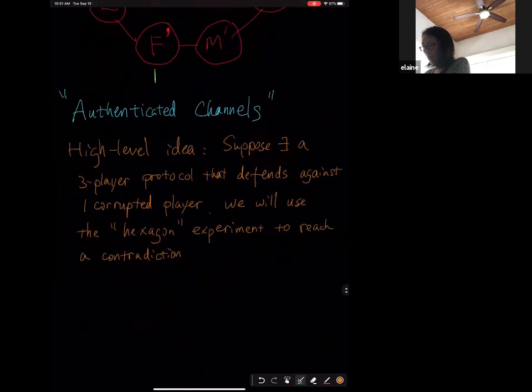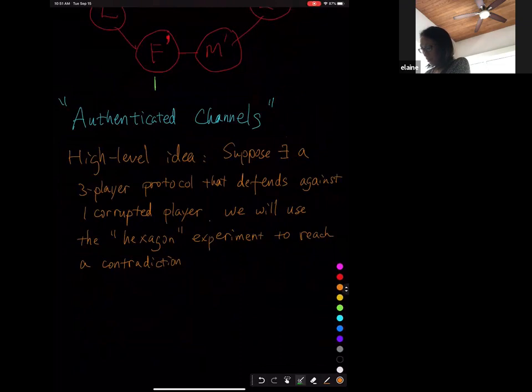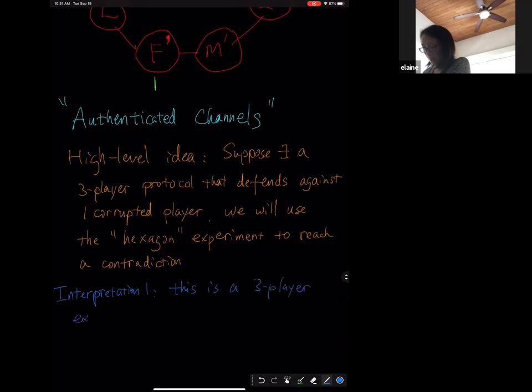So I'll have to scroll up and down a little bit. Let me write down interpretation one. This is a three-player execution of the protocol pi. So actually, let me name this three-player protocol pi. And then this hexagon experiment is executing pi.